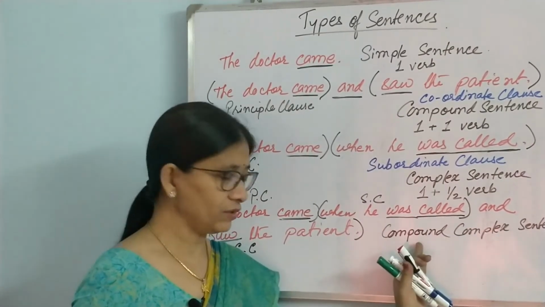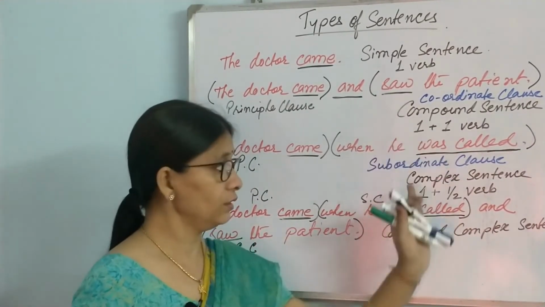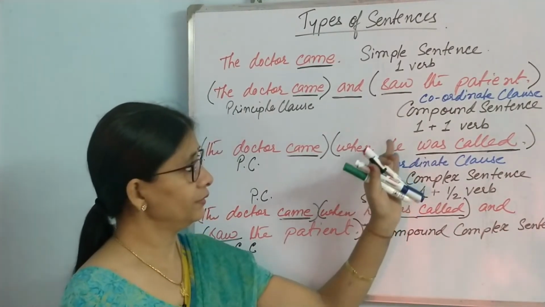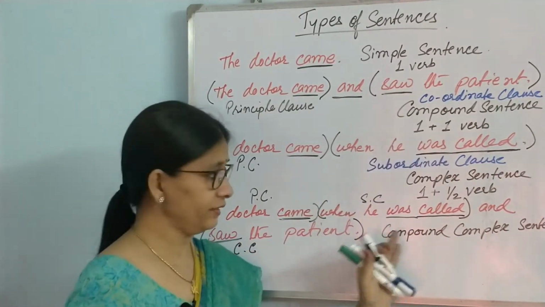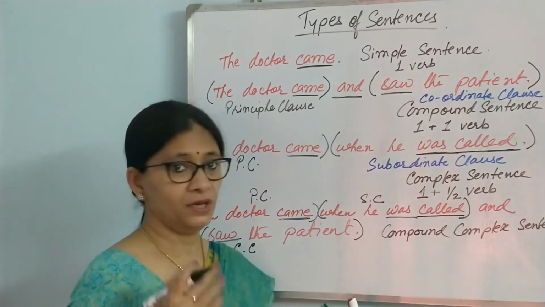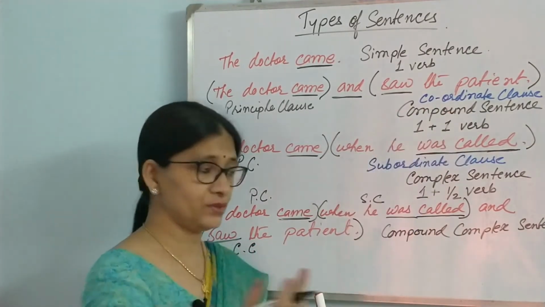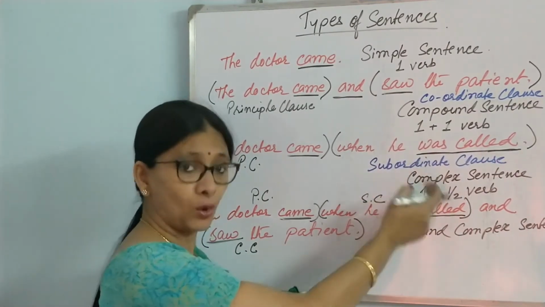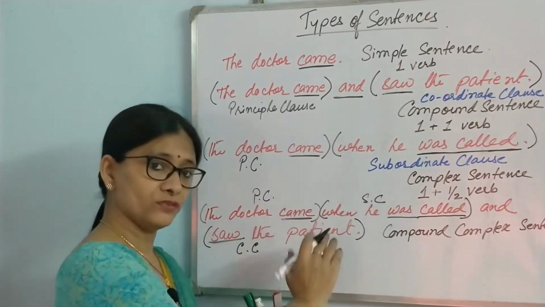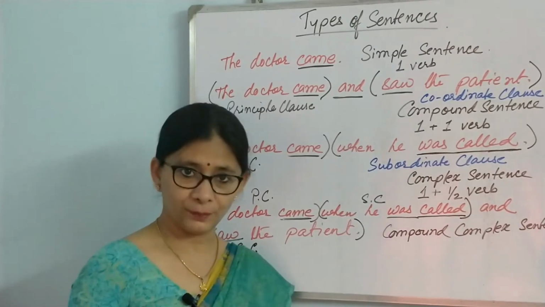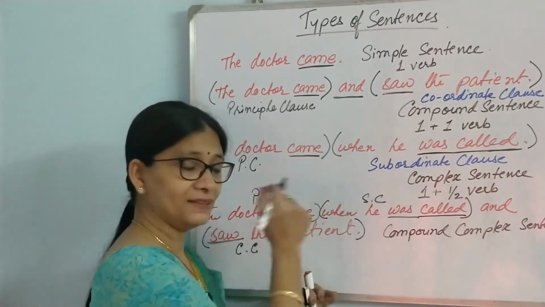Simply because it is having one compound part, one coordinate clause, and one subordinate clause. If coordinate clause is present, then that sentence is compound sentence, and if subordinate clause is present, then that sentence is complex sentence. And if both the clauses, coordinate and subordinate, are present, then that is compound complex sentence.